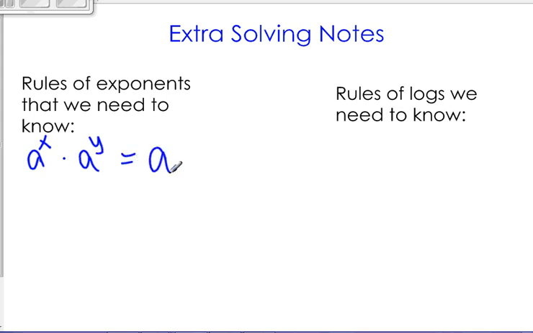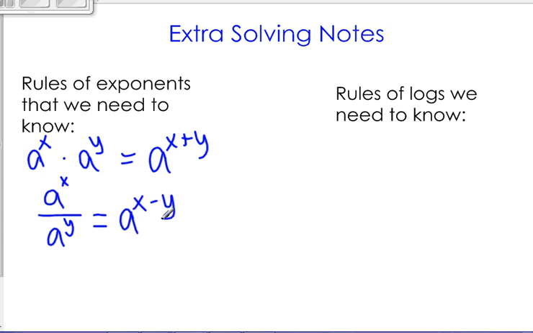So this would be a to the x plus y. The other one is division. Again, we have to have that same base, but with division, we would subtract the powers. So this would be a to the x minus y.